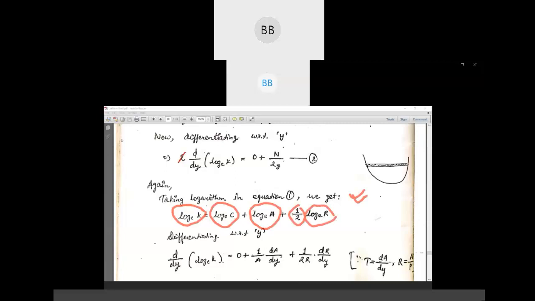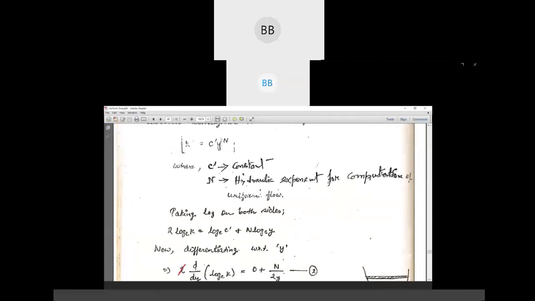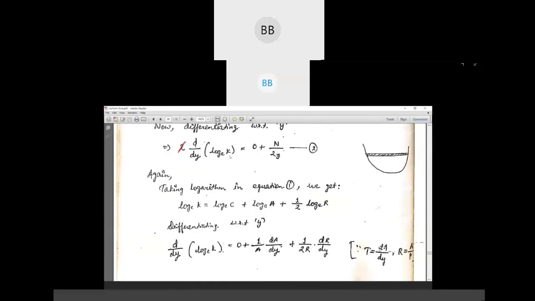Now again we are differentiating. See what we are going to do. First we have taken one equation for k, then we have taken another equation for k square equal to c dash y to the power n. So we are going to relate both equations, that is equation 2 and whatever equation we get after taking logarithm and differentiation of equation number 1. Then we equate both, because our aim is to find an expression for this capital N that you can see in equation number 2.